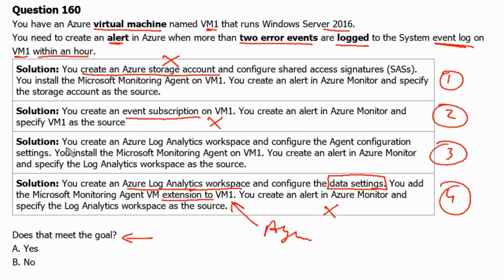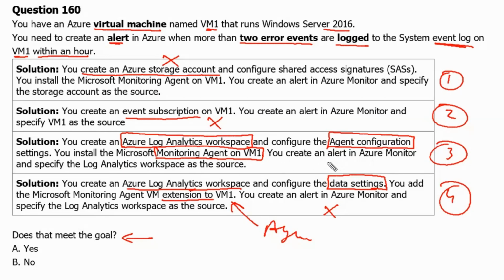Now we are left with option 3. Option 3, you create an Azure Log Analytics workspace. That is the first step we have to do, and configure agent configuration. So this would be the second step, that will configure the agent, and then we will install that monitoring agent on virtual machine 1 where we would like to monitor it.